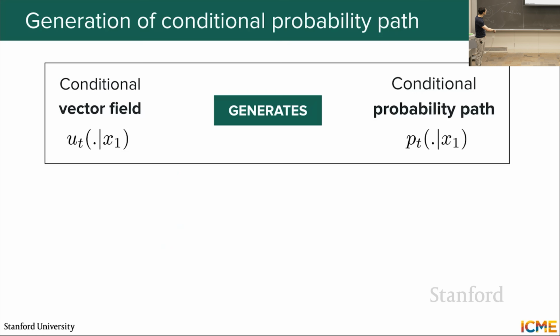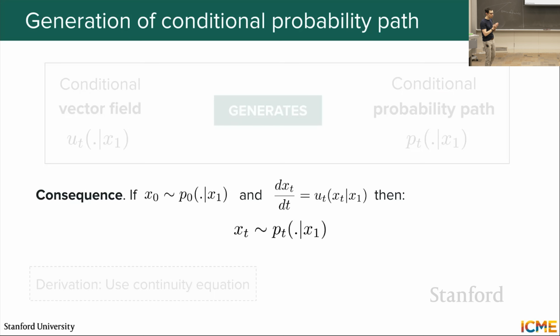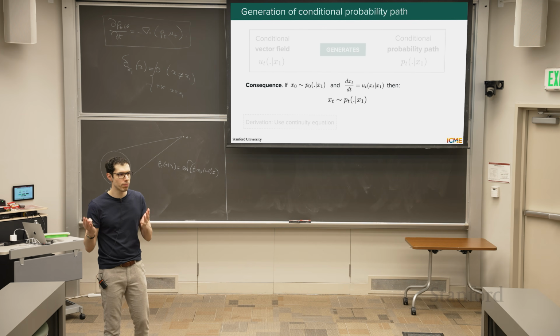And it is this one. And what I'm going to tell you is that this vector field is generating the conditional probability path. So in other words, the vector field will be such that if you sample from p0 of this conditional probability path, and if you follow this conditional vector field, you will end up at time equal t with x_t following your conditional probability path.